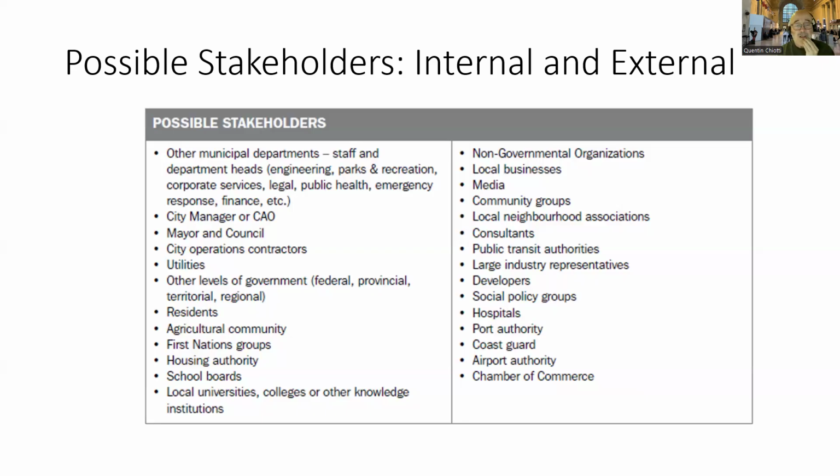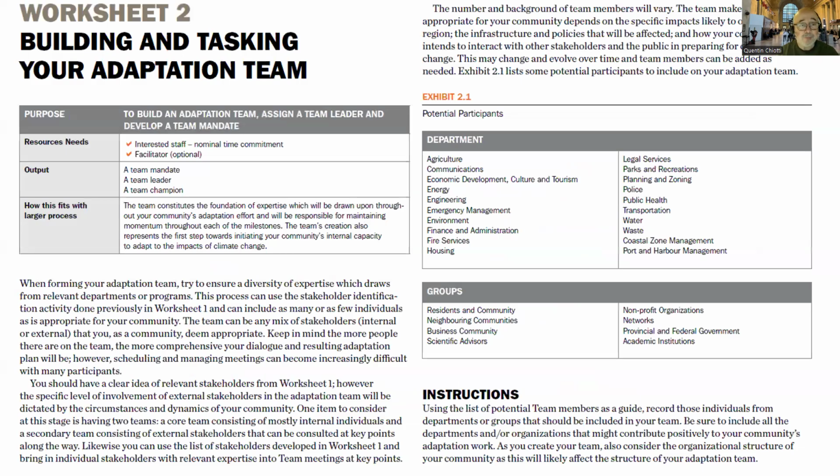Then others may be more external stakeholders, whether from the agricultural community, First Nations, and in the other column, non-governmental organizations, community groups, and the like. So again, that's just a generic list from ICLEI. Take a look at the case study for Metropolis, and I'm curious to see what you come up with.